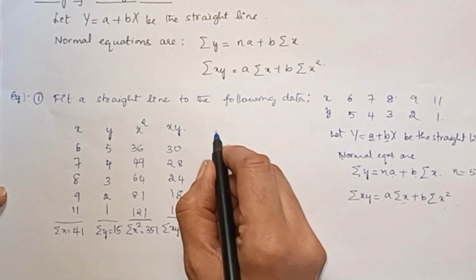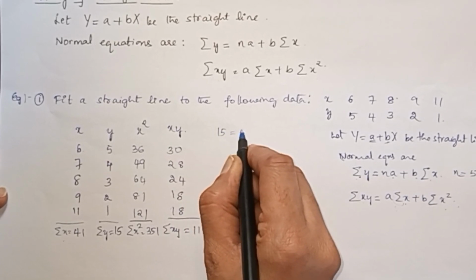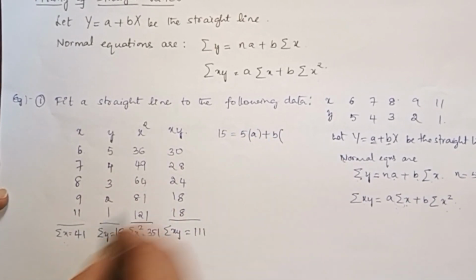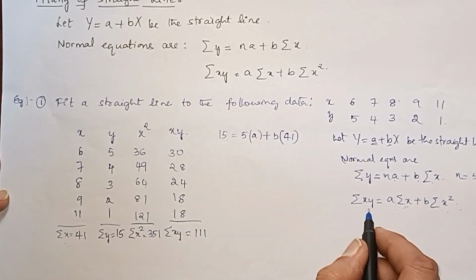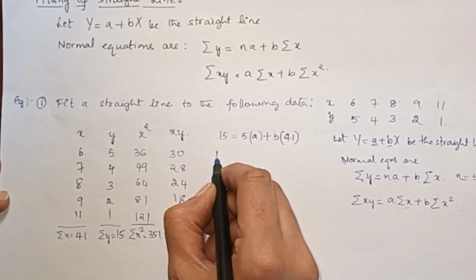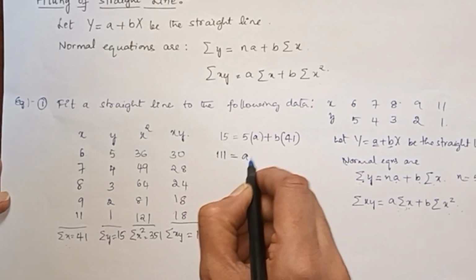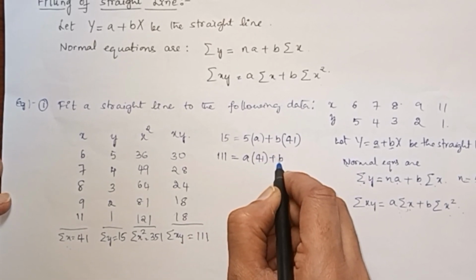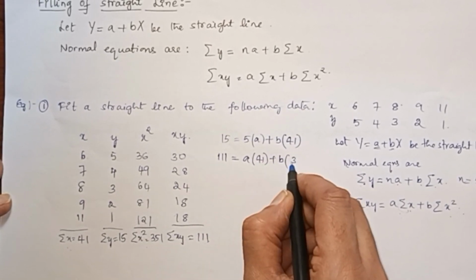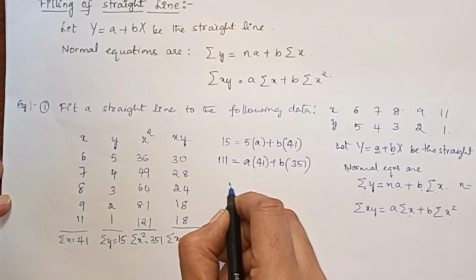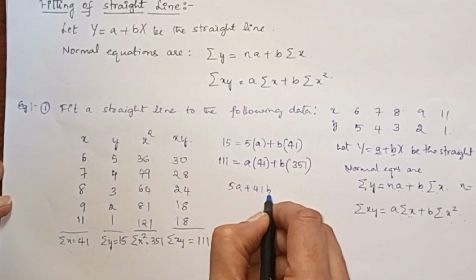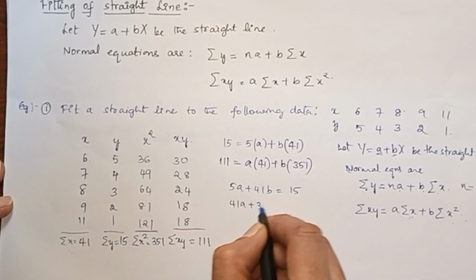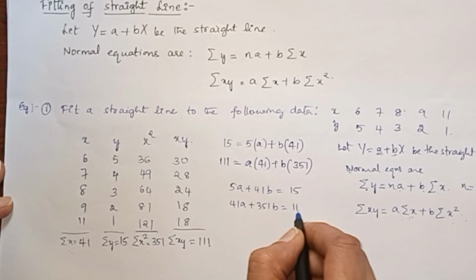Here. 15 equal to n is 5 into a plus b into summation of x, which is 41. Next, summation of xy, that is 111 equal to a into summation of x 41 plus b into summation of x square 351. Therefore, 5a plus 41b equal to 15. Then 41a plus 351b, which is equal to 111.